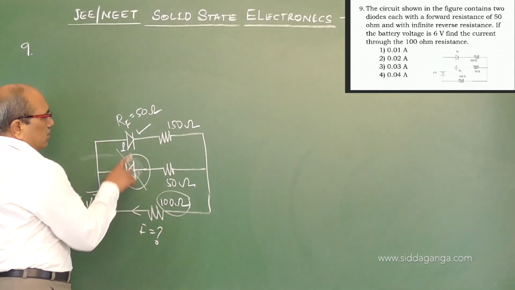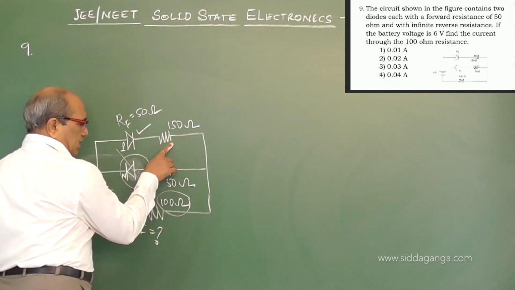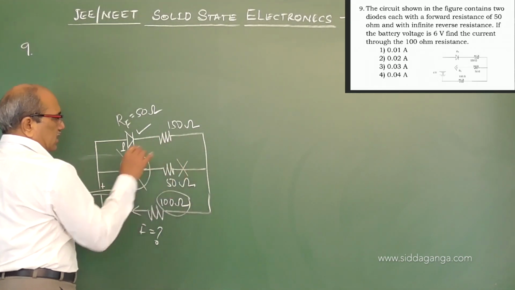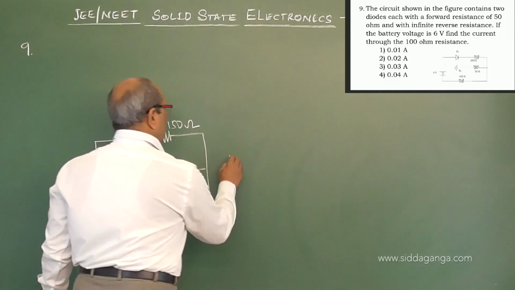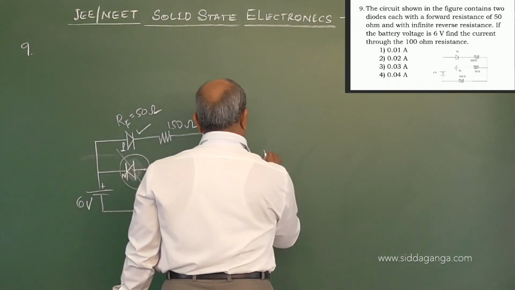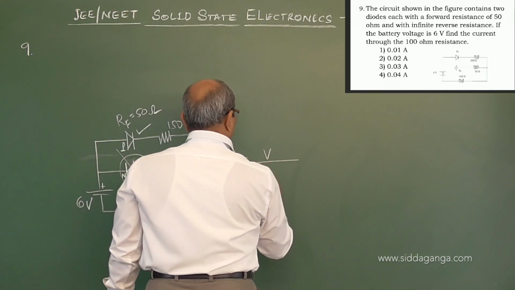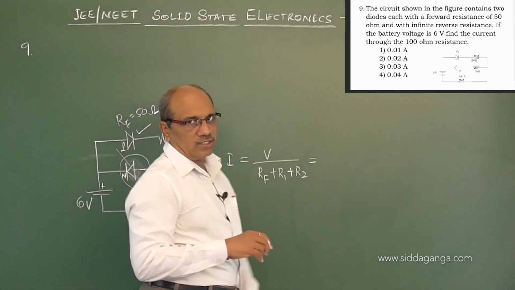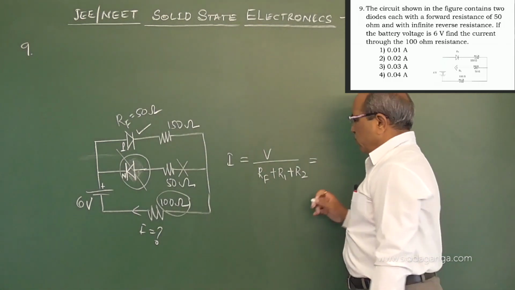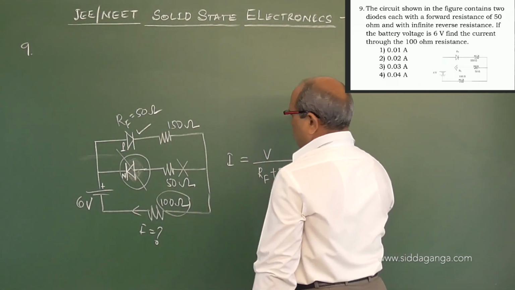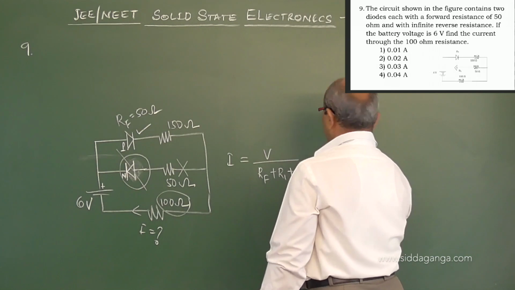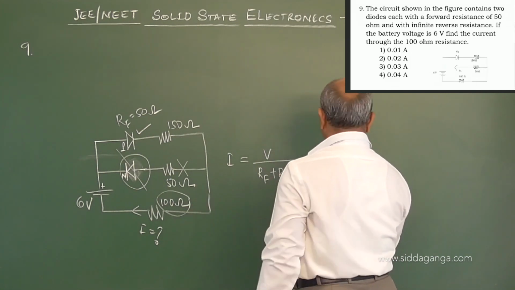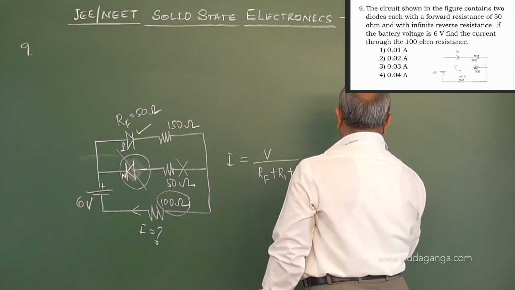Now, if you want the current, this resistance, the second resistance and the third resistance are all in series. This is not carrying the current at all, 6 volt given. Therefore, the current through the 100 ohm resistor is voltage divided by the forward resistance of the diode and the 2 resistors in series. So the voltage given is 6 divided by 50 plus 100 plus 50, 150.